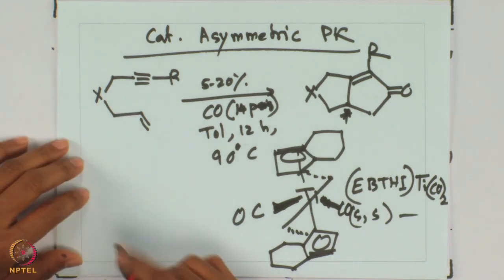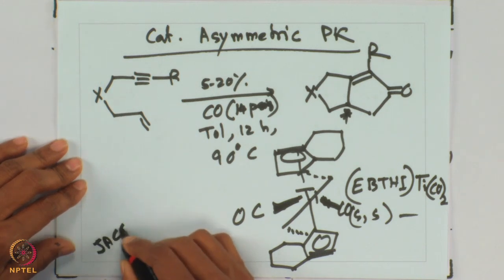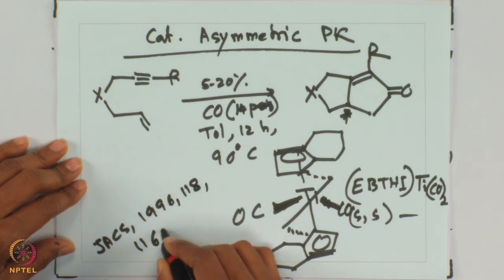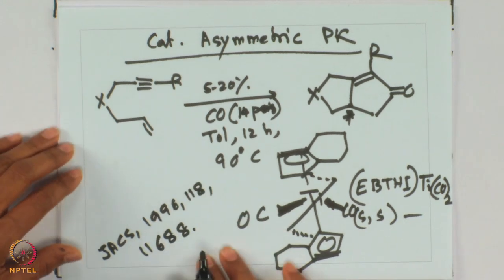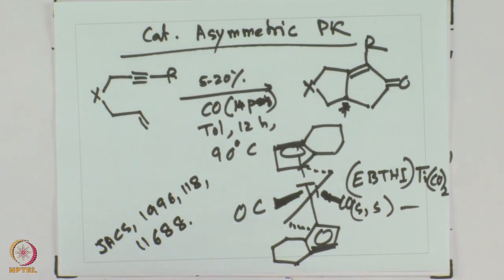Okay. This is reported by Buchwald in JACS 1996, 118, 11688. Okay. And also there is a recent review in 2006 by Shibata in Advanced Catalysis in 2006, you may want to read.